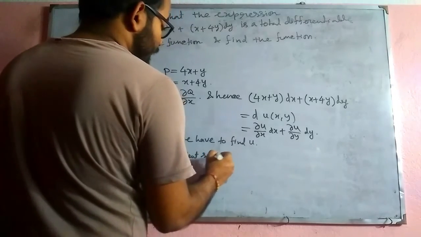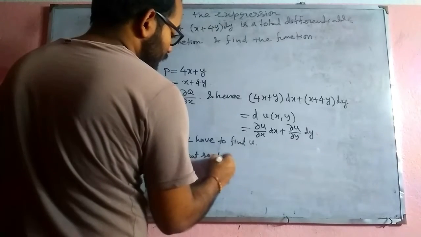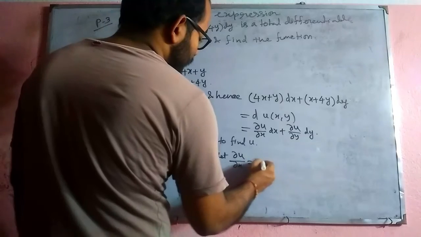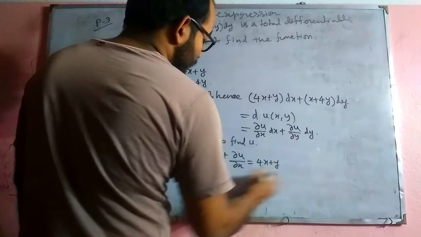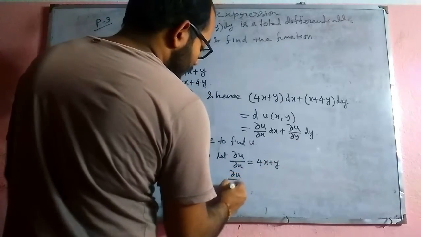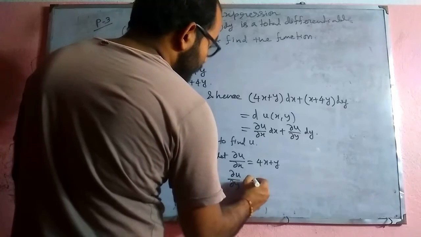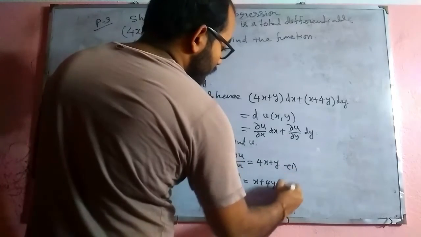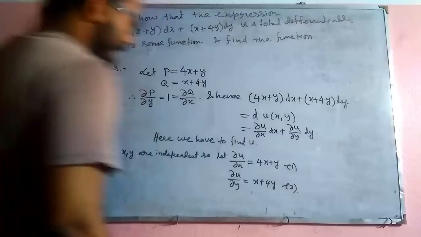So let del u del x equal to 4x plus y and del u del y is equal to x plus 4y.